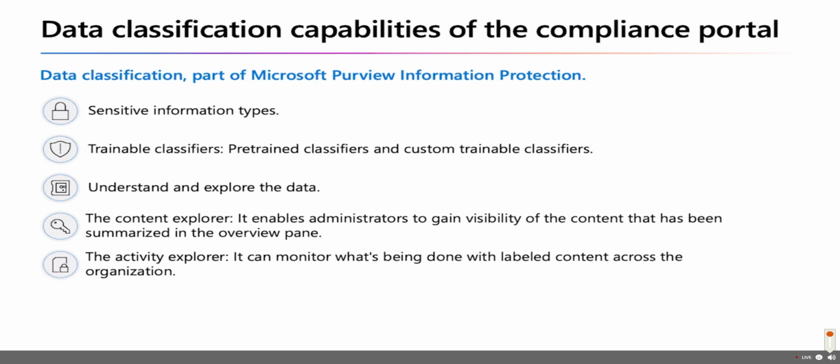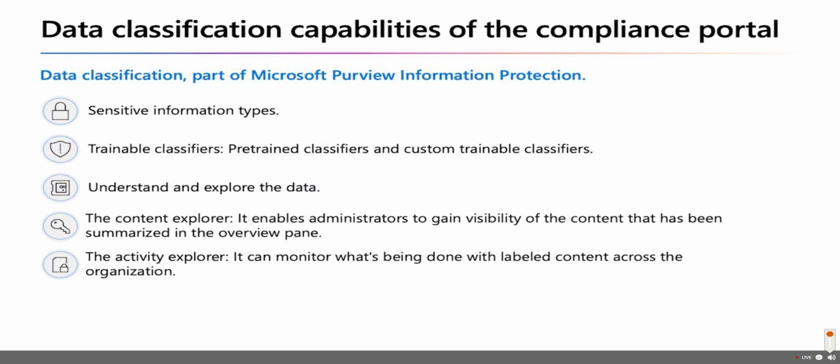We have already had the opportunity to take a look at Microsoft Purview Compliance Portal when it comes to the different compliance standards that your organization may need to adhere to. But we also have a tool that can help you classify your data. If you wanted to protect any kind of sensitive data like credit card numbers, bank account numbers, or let's say social security numbers, all of these have a specific pattern.